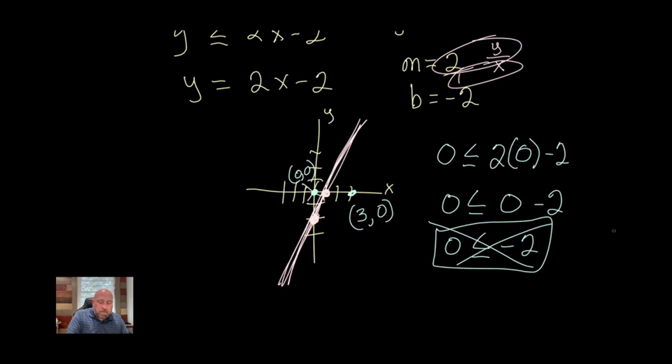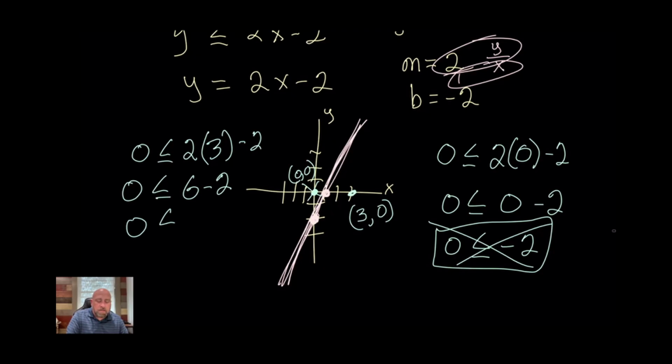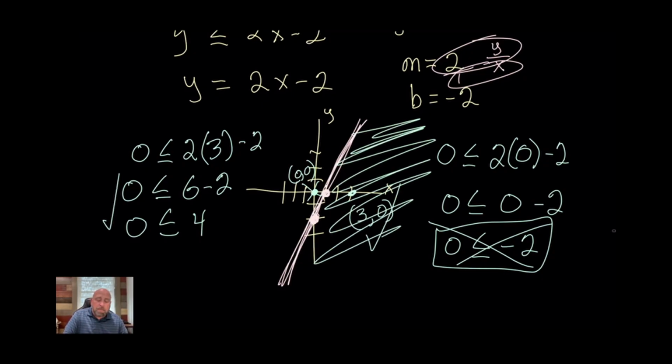So 0 is our y, and it is less than or equal to 2 times 3 minus 2. 0 is less than or equal to 6 minus 2. 0 is less than or equal to 4. Is 0 less than or equal to 4? Yes, it is. This side works. Any point you pick over on that side will satisfy the inequality.